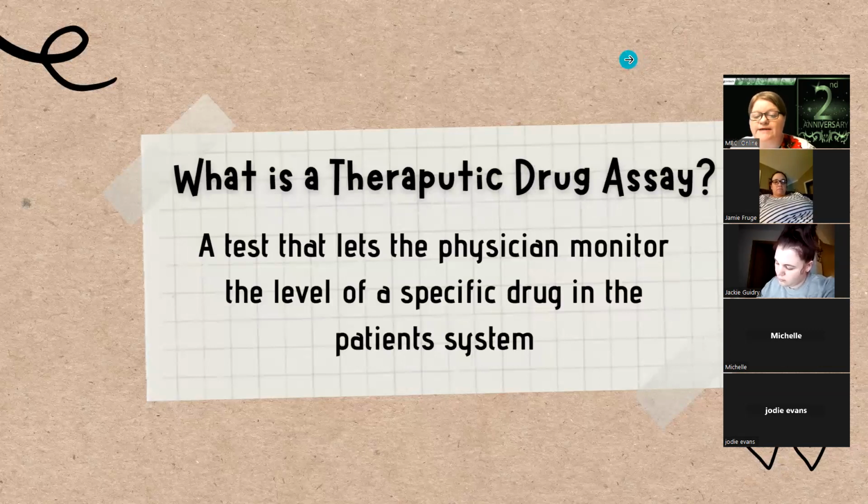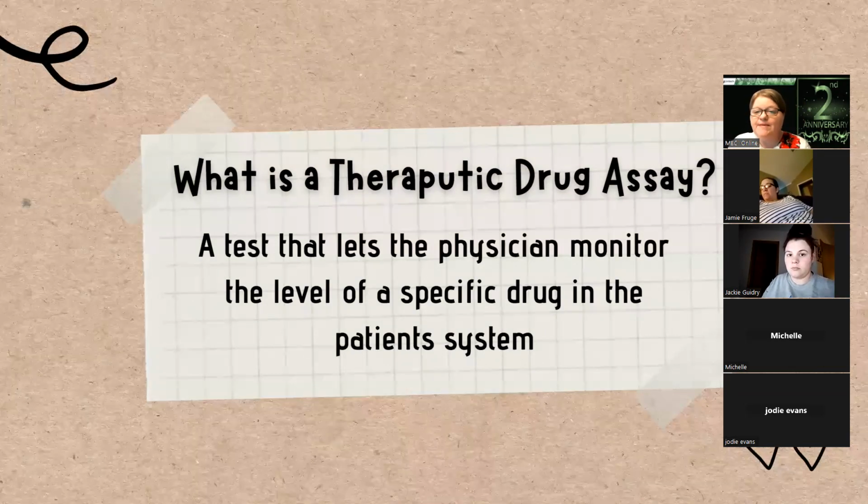All right, so what is a therapeutic drug assay? It's a test that lets the physician monitor the level of a specific drug in a patient's system. So there's several different ways these can be used. Basically, there are certain tests that detect a specific drug. The test will not only tell the doctor what drug it is if they don't know, but it will tell them how much of that drug is in the patient's system.